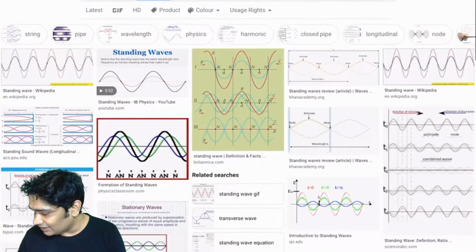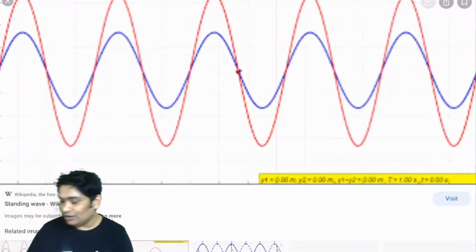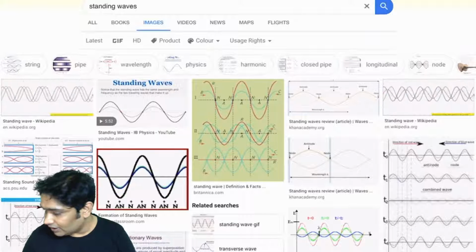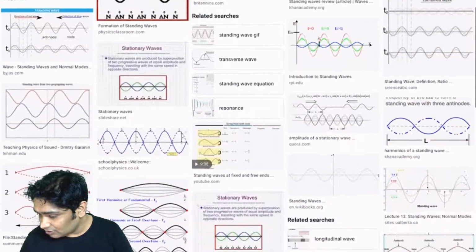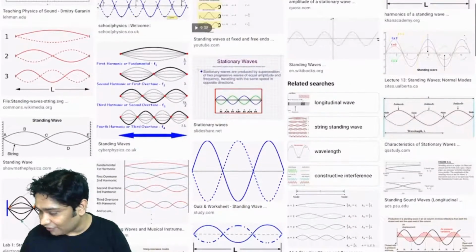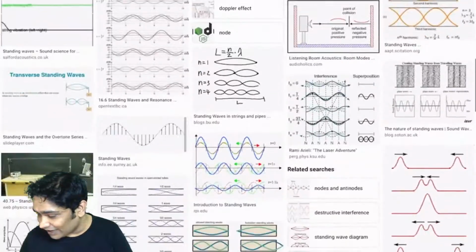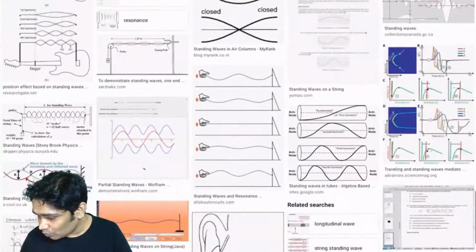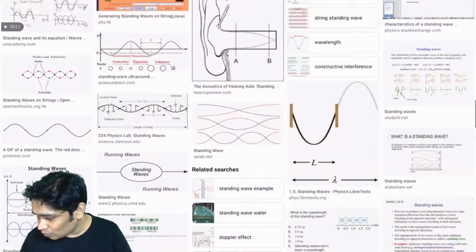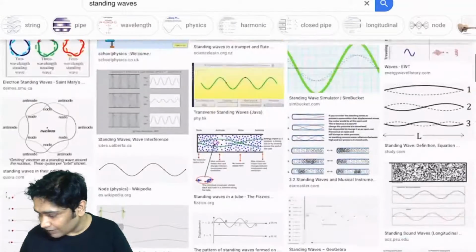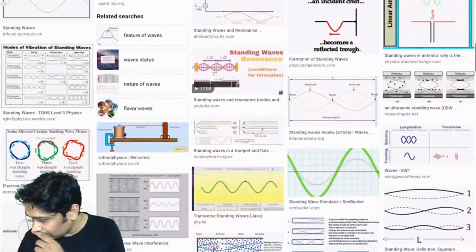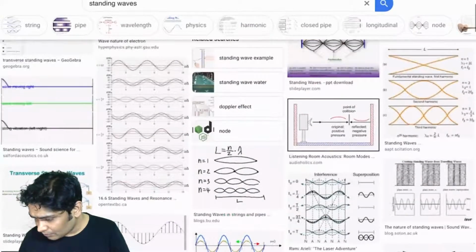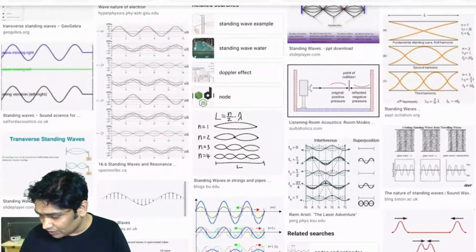Why is this not working? So let me find a good GIF for you guys to watch and visualize this. Just hang on a second. Okay, I think this would be the one.